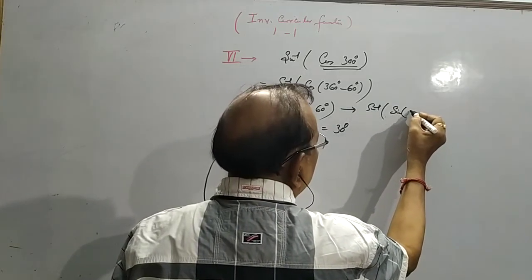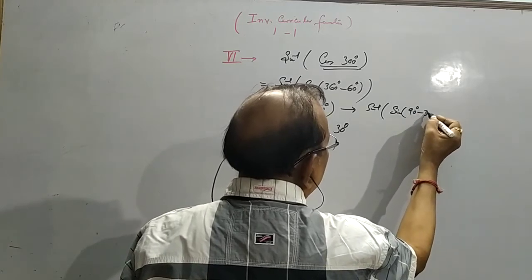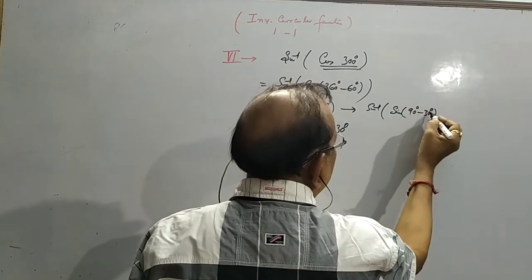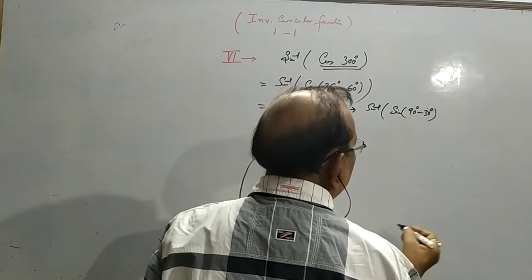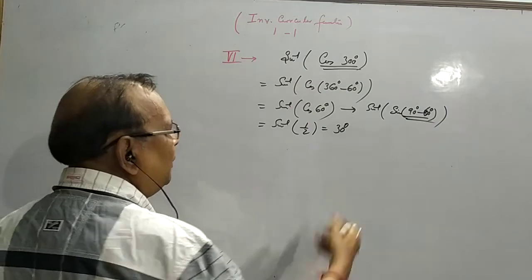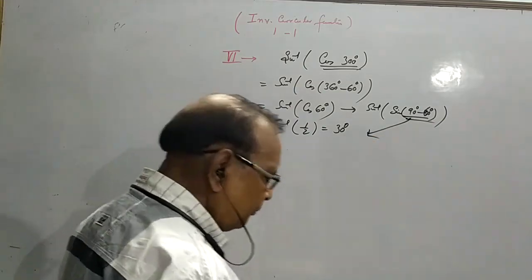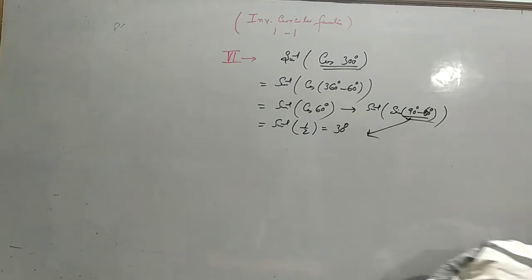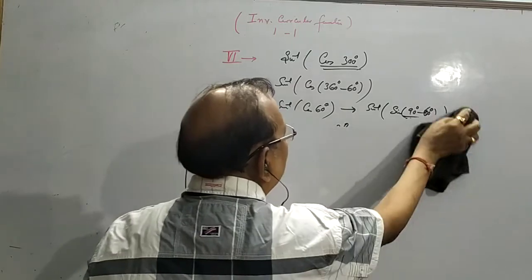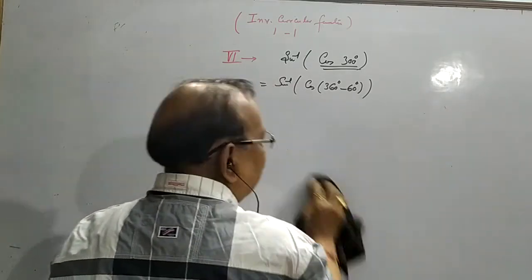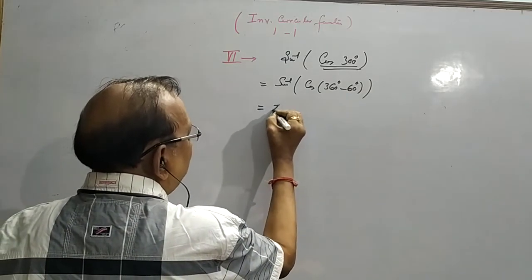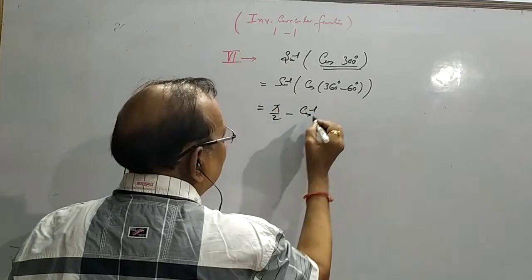Directly, you may also write here sine inverse sine of 90 minus 60, that is 30 degree. We have considered sine, so this is the line and this is the value, you may write that is also 30. Now, the third part: we may write pi by 2 minus cos inverse.